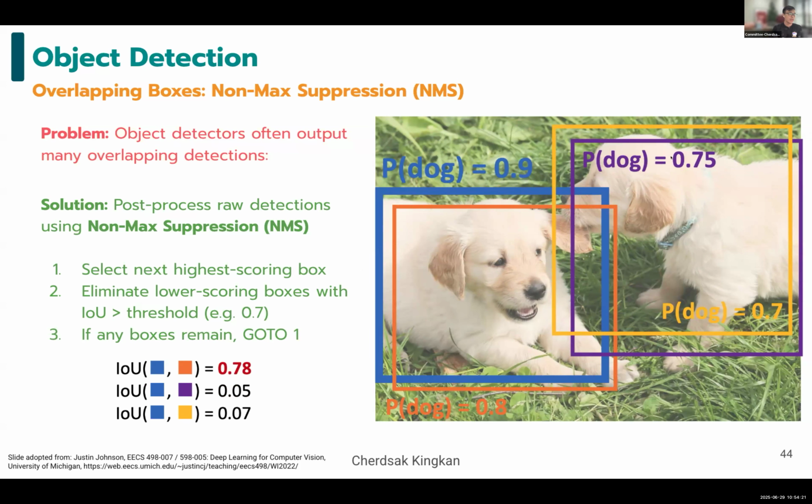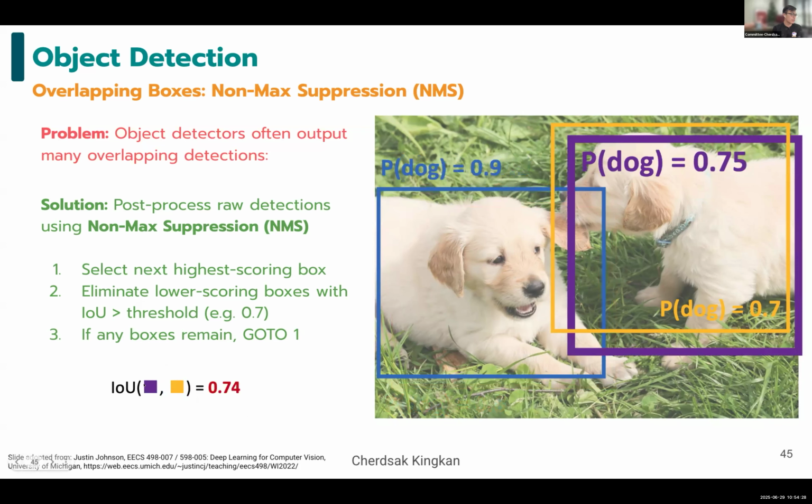So we select the purple region and repeat the same thing. We find the overlap of the purple with the yellow, and it is greater than the threshold that we set, which is 0.74, so we eliminate the yellow one. That's how we perform non-maximum suppression with overlapping boxes.